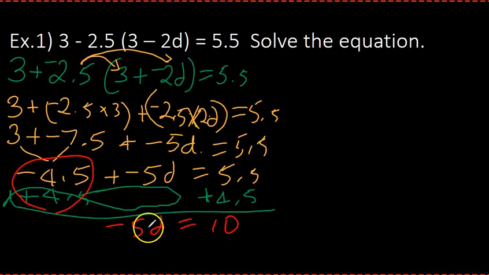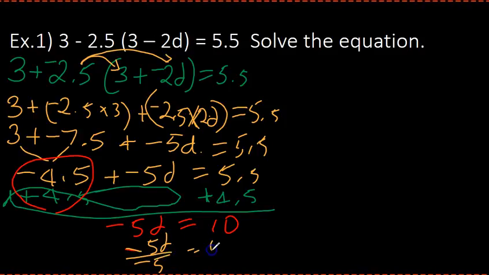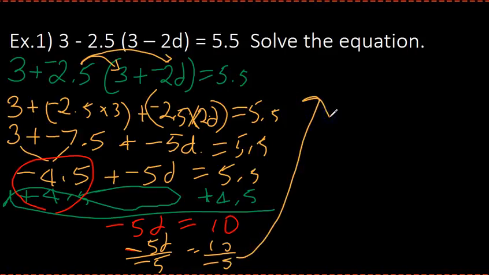This is negative 5 times d. To undo that multiplication, we divide both sides by negative 5. Okay, and so that would give us, so this will cross out and become 1.